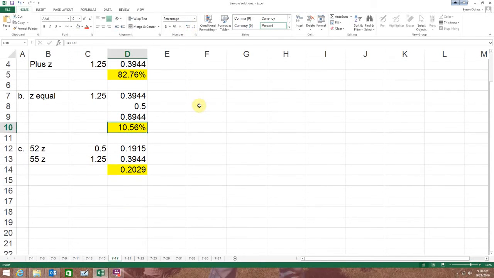Then lastly it says compute the probability of a value between 52 and 55. So now both of these are to the right-hand side, and I'm looking at a value that's in between those.